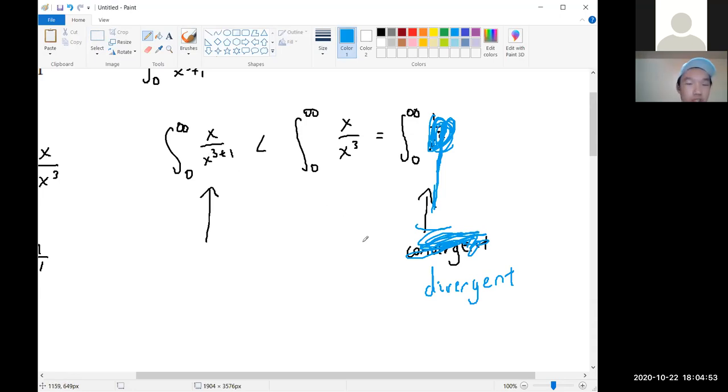What do you think would be the conclusion here? Keeping in mind that divergent means this integral already goes to some sort of infinity, and our original one is less than that.